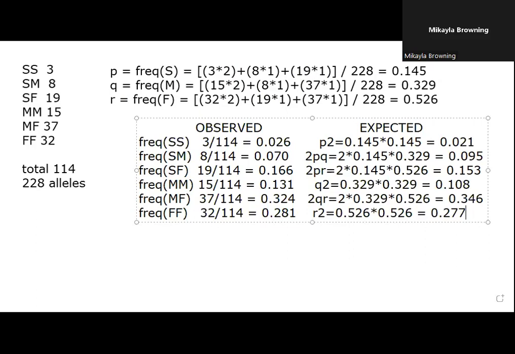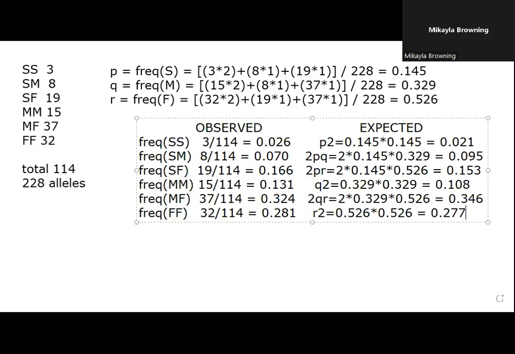We might get like 0.998 or something, but within round off error, we should get 1. And the expected should all add up to 1 as well. If they both add up to 1, it just means that we hit the right buttons on the calculator.